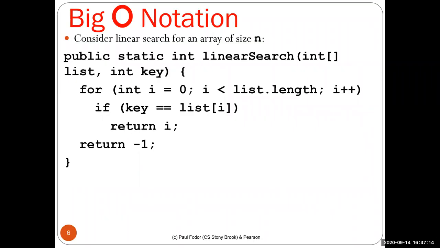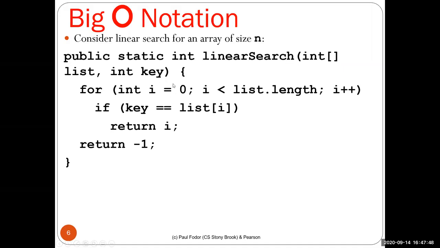So we'll start with a simple problem, the linear search versus binary search algorithms. For linear search, let's assume that you get an array of size n. To remind everyone, linear search is a method that takes an array of integers in this case and a key. The type of elements is really not important. The way that linear search is implemented is that you have a for loop that iterates over the indices of the array from the first element to the last element.